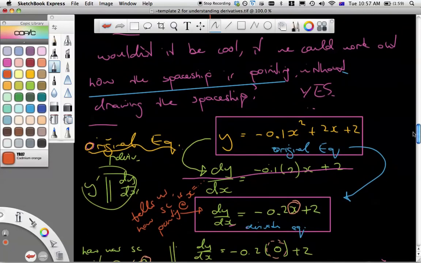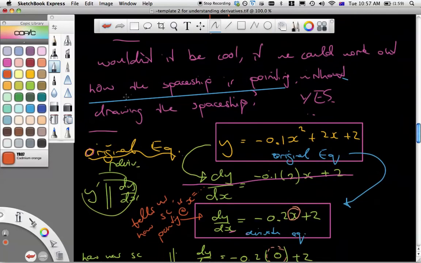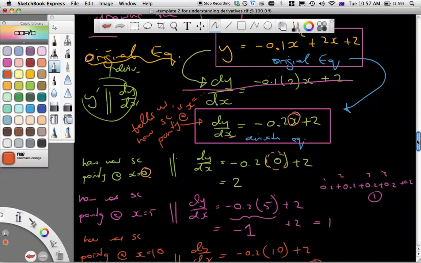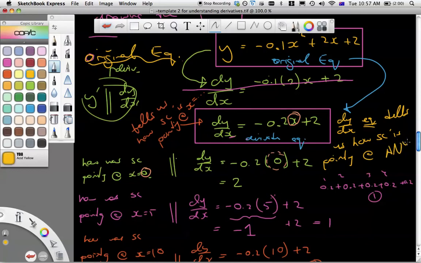So this video has really shown us that, wouldn't it be cool if we could work out how the spaceship was pointing without drawing the spaceship? Turns out we could. What we did was we got the derivative equation and found out that what the dy on dx equation tells us is how the spaceship is pointing at any x value.